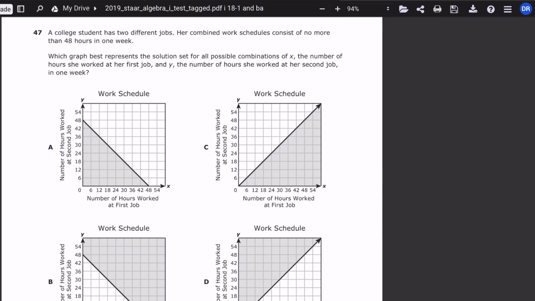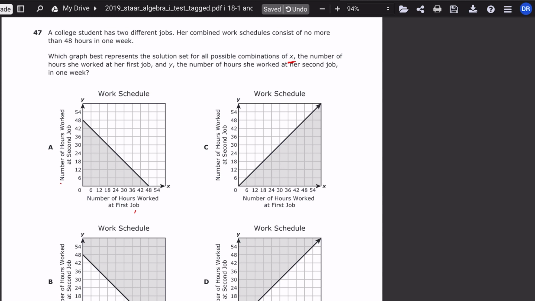So here you can see where it is passing through 48, your y value, her combined work schedules. The graph best represents the solution set of all possible combinations of x, the number of hours she worked at her first job, and y, the number of hours she worked at the second job in 1 week. So here first job is this and second job is here.